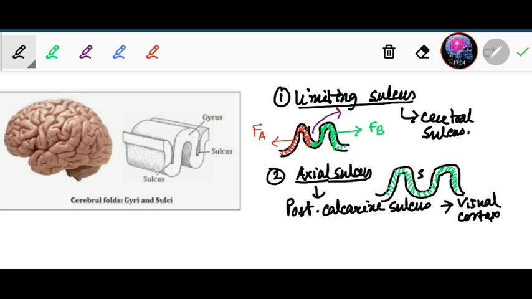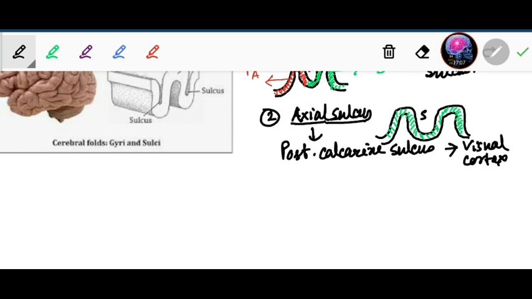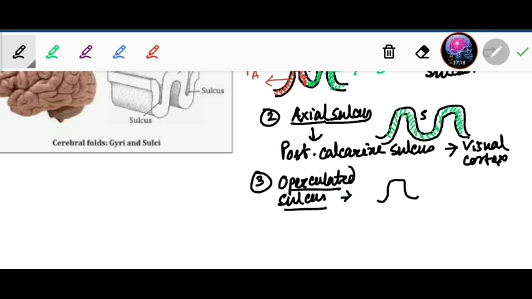Then we get to see the operculated sulcus next, number 3. An operculated sulcus is one where its walls and floor contain a particular functional area, whereas its two lips contain two separate functional areas.